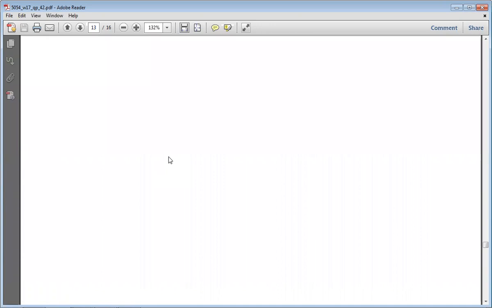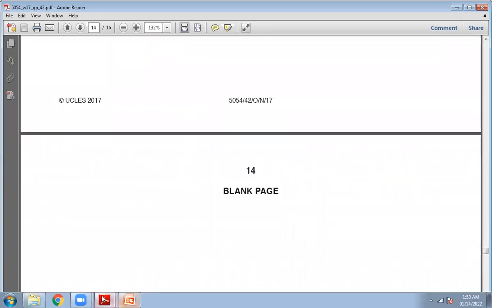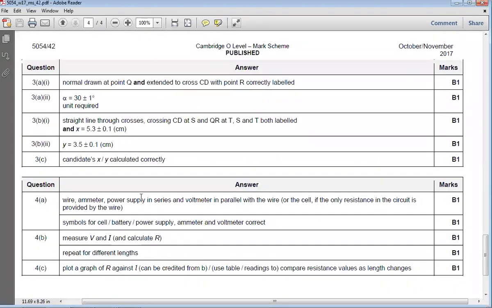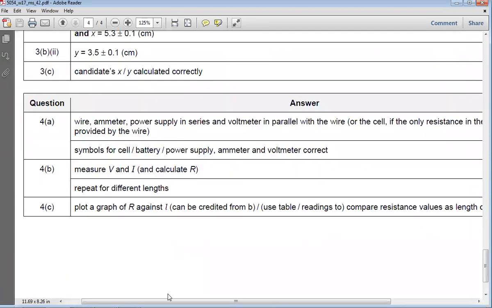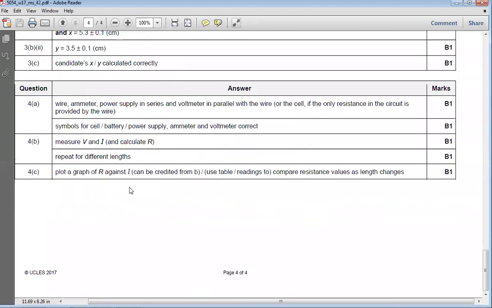Okay, so that was a 1 mark question, and we are done with this paper. So my dear students, today we have done the October, November 2017 paper 4-2. The marking scheme of question number 4 is showing up on your screen. Let me reduce the size.